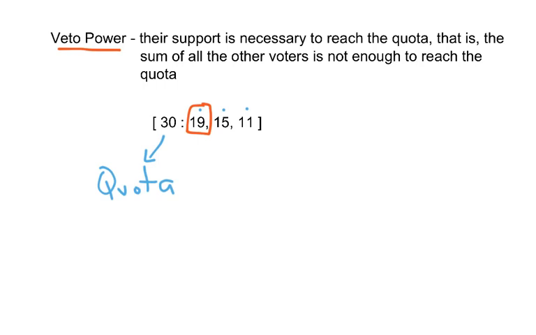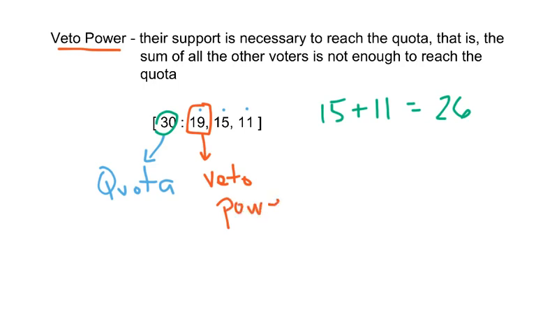If they were against a motion and the 15-weight voter and the 11-weight voter were for a motion and they wanted to form a coalition, they would have a combined weight of 26. That's not enough to reach the quota of 30, so yes, this 19-weight voter does have veto power, because if they're not for a motion, it's not going to pass.